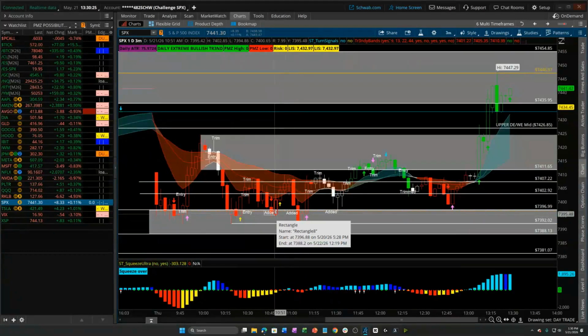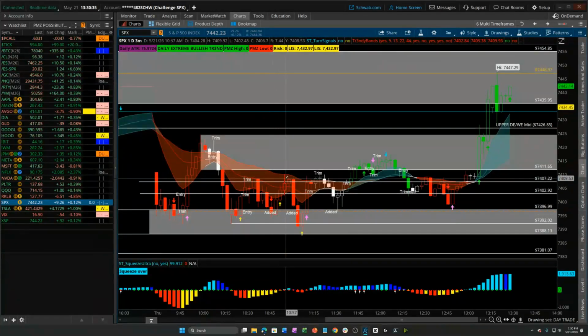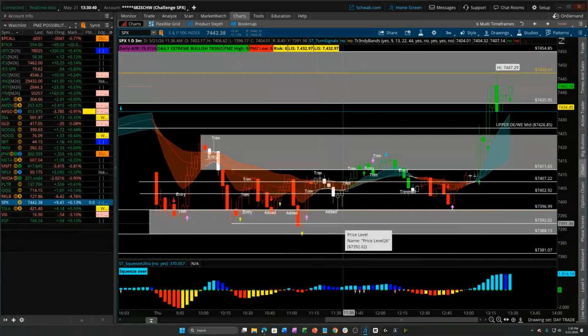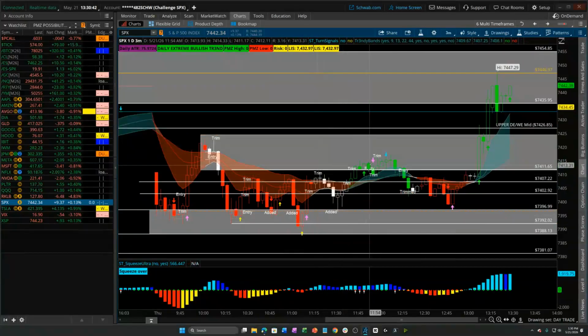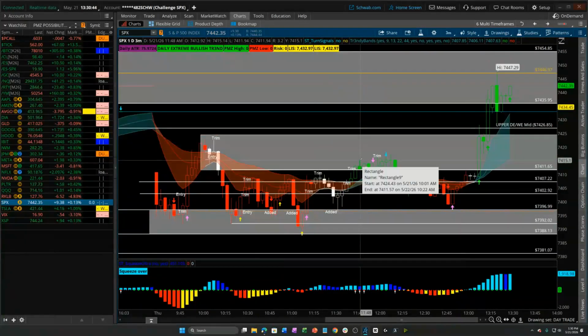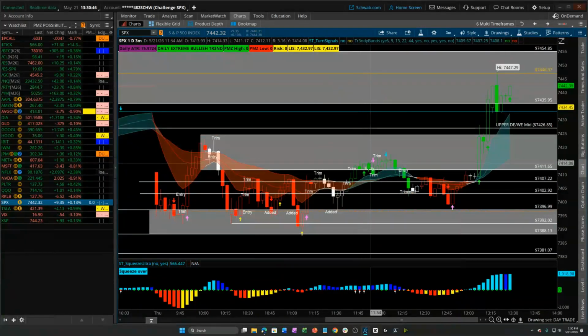I'm in profits, right? So I aggressively add. If we pull back to a buy zone, I'm adding and I'm trimming, and then I'm adding, and then I'm trimming, and then I'm adding, and then I'm trimming. And then we get an actual trade from the sell zone.